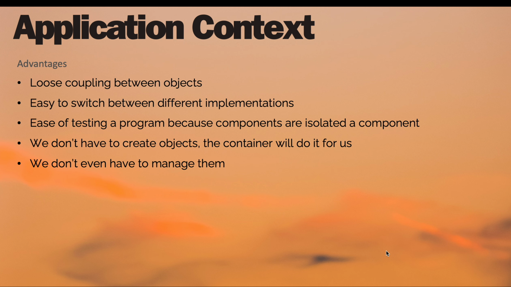So we can unit test a component and the objects it receives, or its dependencies. We can pass fake objects, because we are interested in testing A, and A depends on B, but we are not interested in B.